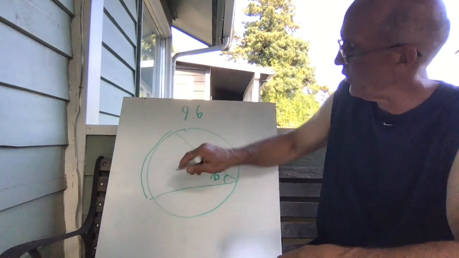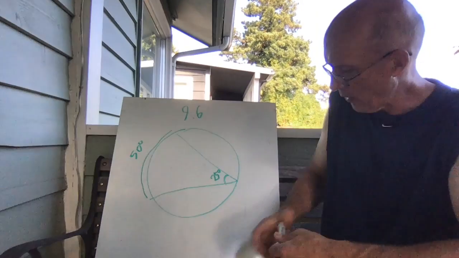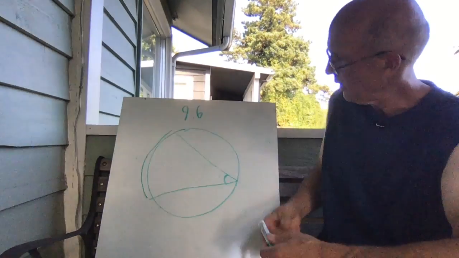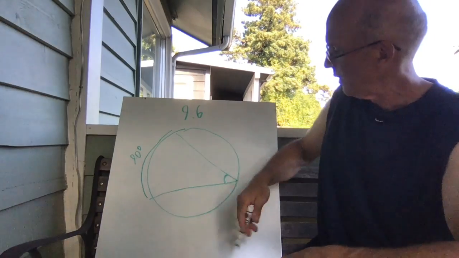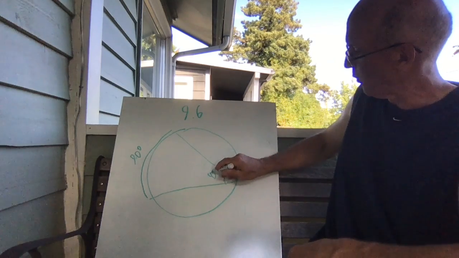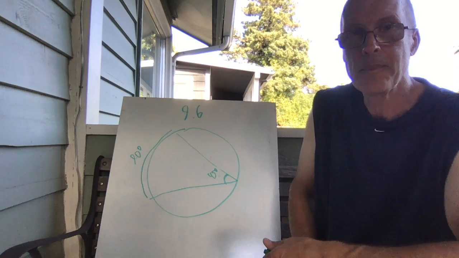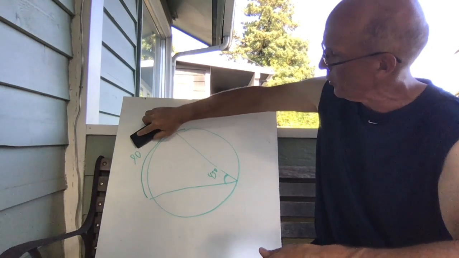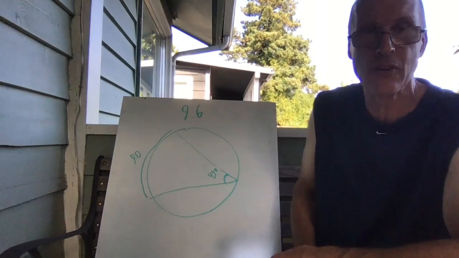Well, you should know that it's twice that, so it's 50 degrees. Or vice versa. If I told you this arc was 90 degrees, then you know that this angle is going to be 45 degrees. If this angle is 45 degrees, the arc is 90. That's the measure of that.